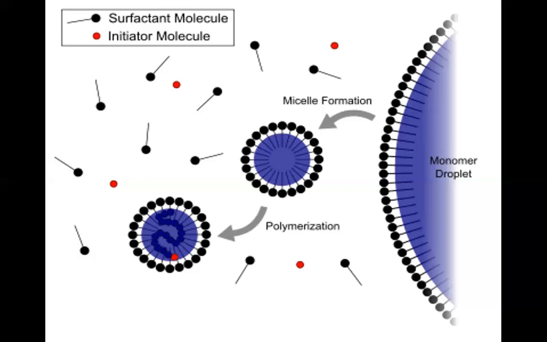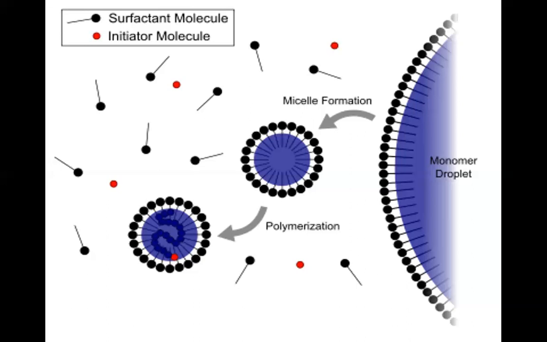I'm repeating. The surfactant molecule has two parts: the head part is the hydrophilic end, which is the water-liking end, and the hydrophobic tail is the water-hating end.